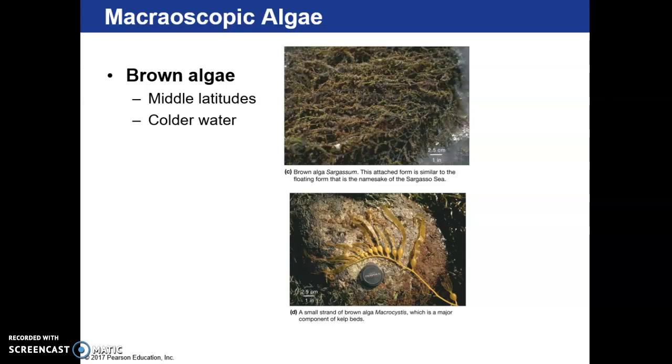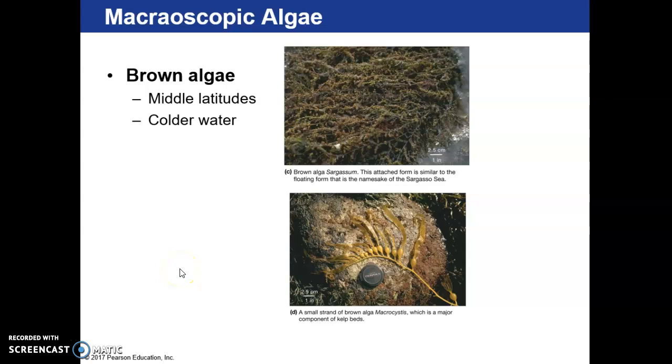So starting at about 30 degrees north and south and up, you get your brown algae. This is sargassum. This is found in the Sargasso Sea, which we've talked about a lot. This is actually how the Sargasso Sea got its name, just because of the abundance of it. And then you have another type of brown algae here.